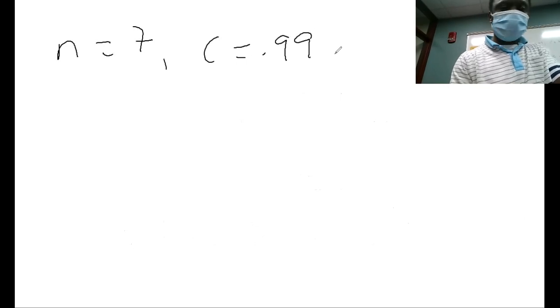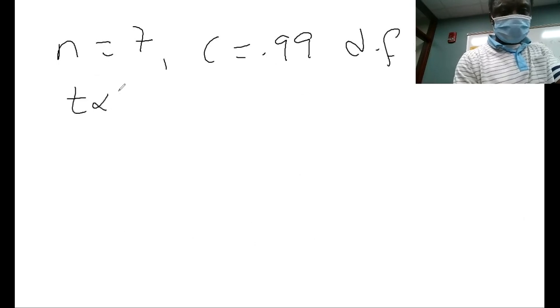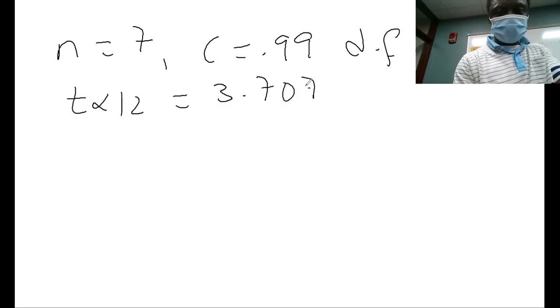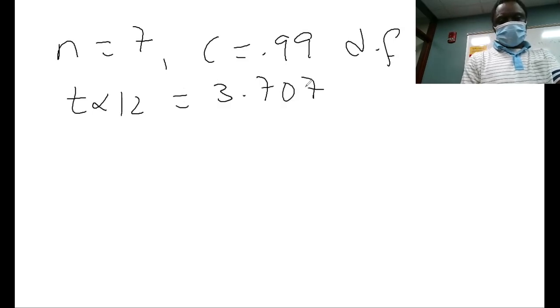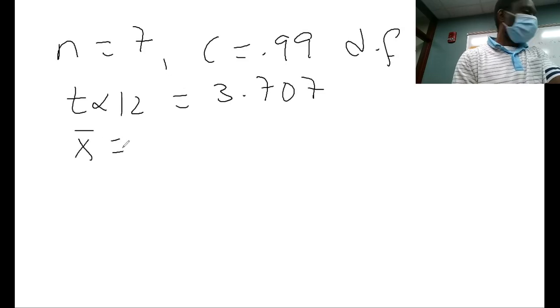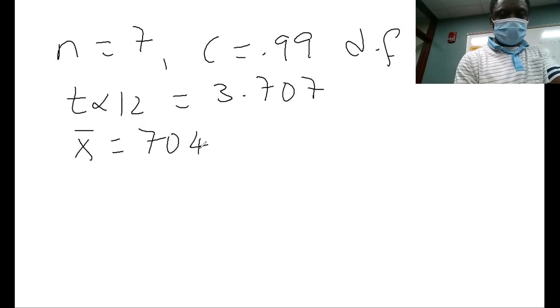So here we have n equal to 7, C equal to 0.99, degree of freedom equal to 6, T alpha over 2 equals 3.707. Sample mean 7041.4.